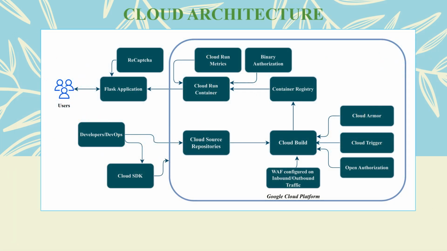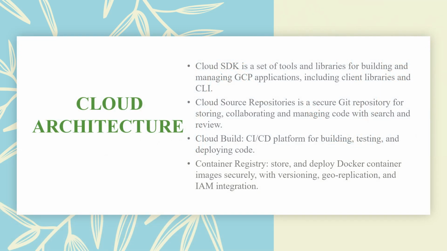The application is deployed using a combination of Google Cloud infrastructure, and the main key components are Cloud SDK, Cloud Source Repositories, Cloud Build, Cloud Container Registry, Cloud Run container, and the Flask application. Cloud architecture. Cloud SDK is the set of tools and libraries used for building and managing GCP applications, including client libraries and CLI.